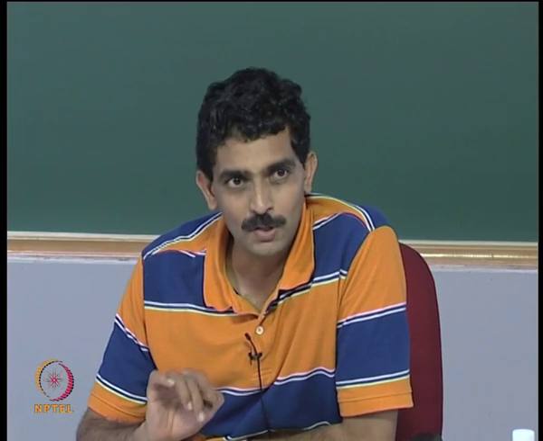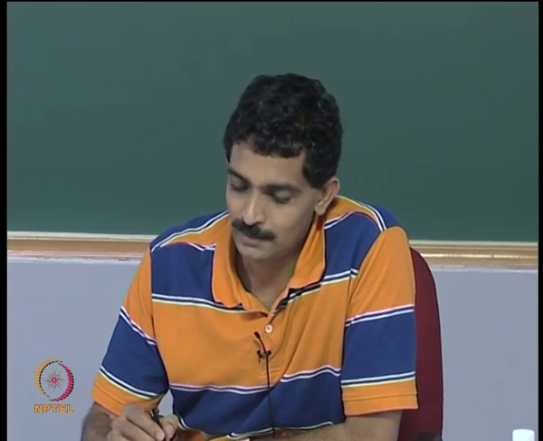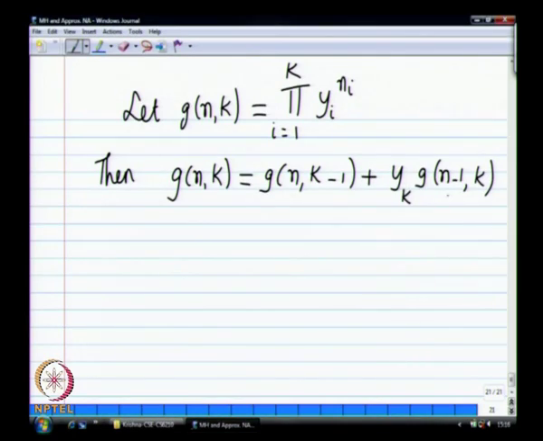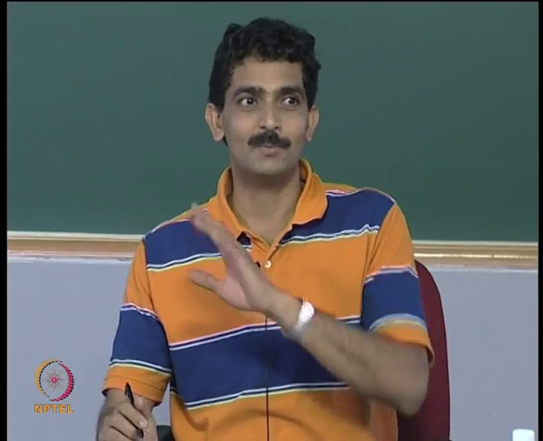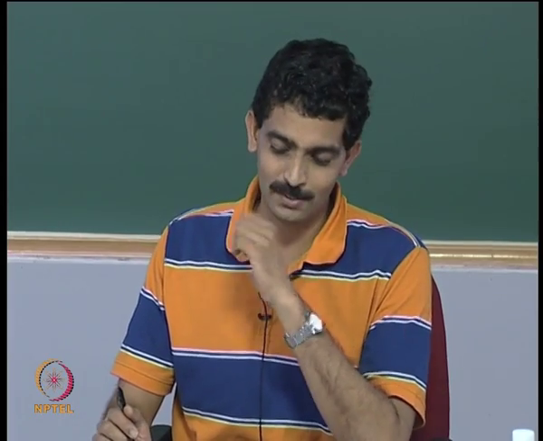Or there is one job, which is this yk, and then the remaining n minus 1 jobs are still across all the k queues. So there is just one job you are tagging, and that is either in this kth queue or not in this kth queue, and this is the probability. So this is your g.